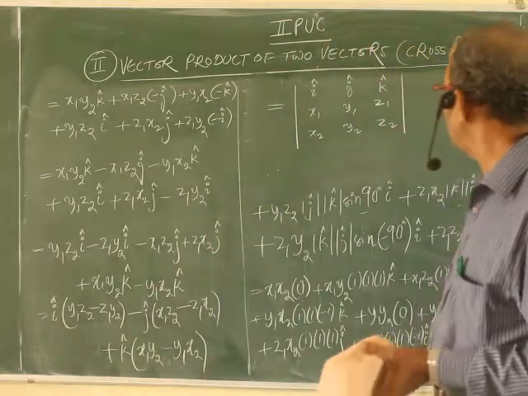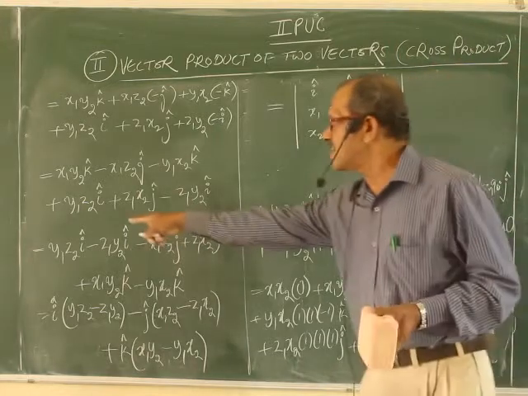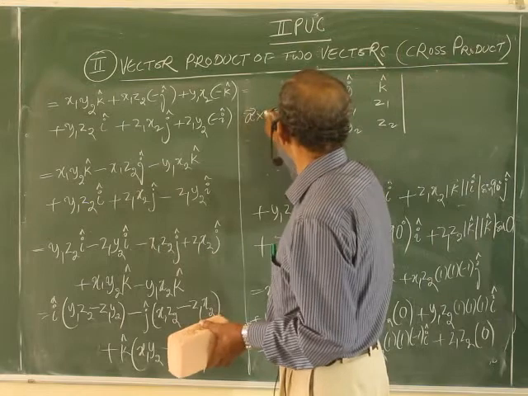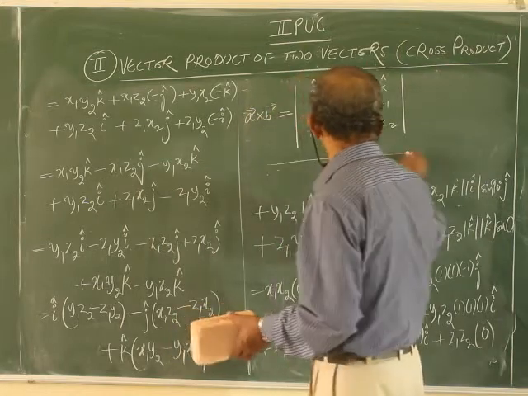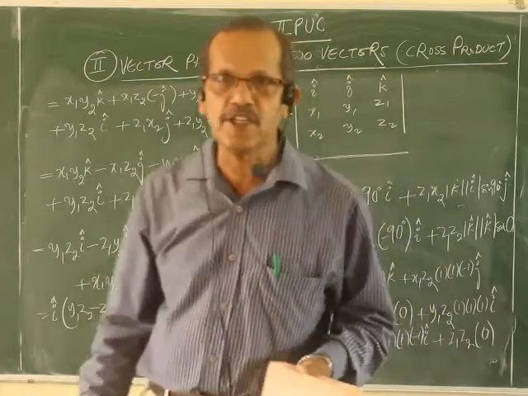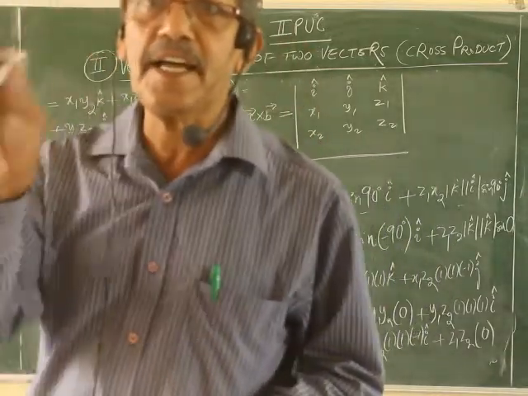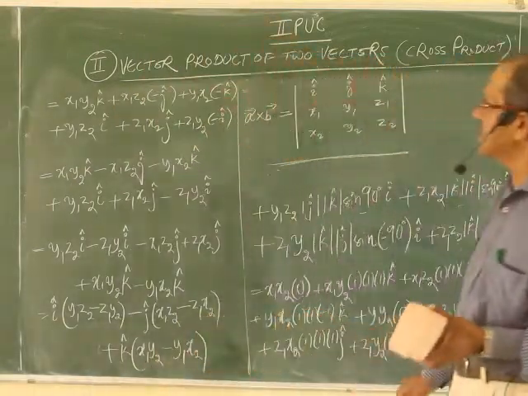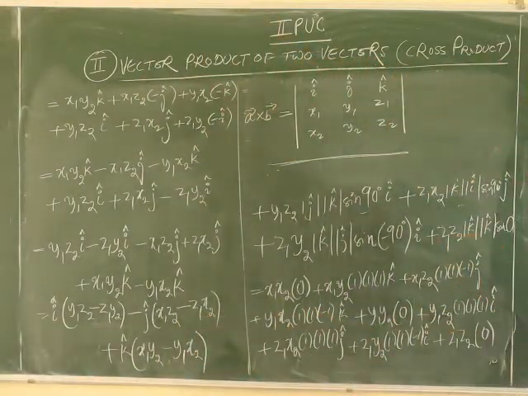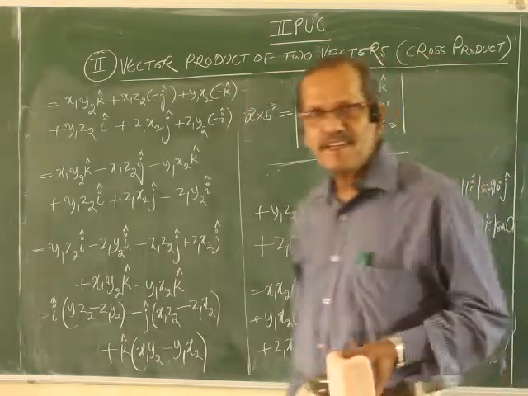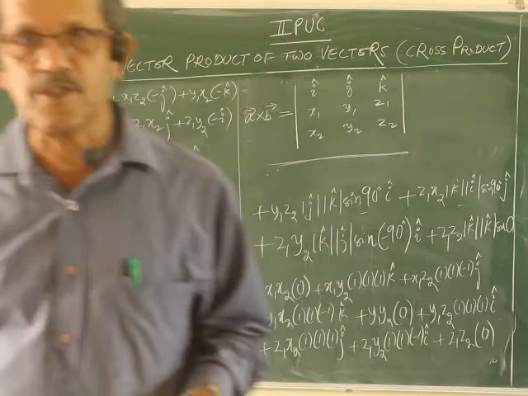If you find the value of the determinant, what do you get? A cross B. So, a very simple and interesting formula we got here. A cross B can be calculated just by evaluating the 3 into 3 determinant. That finishes all three things: definition, geometrical meaning, and the formula. Next, let us take problems one by one.